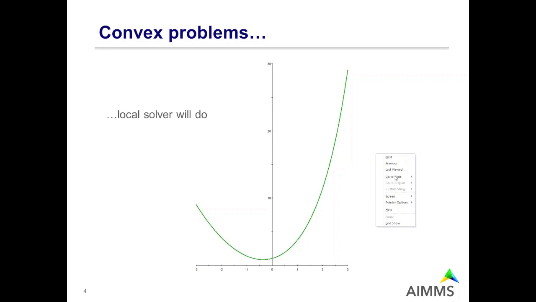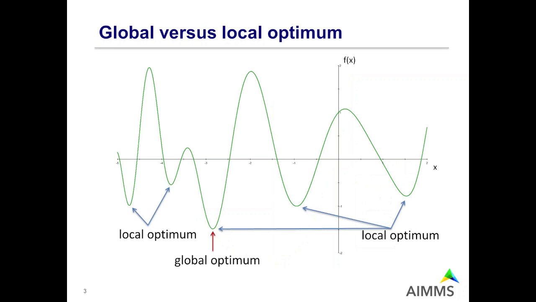So for solving problems like this, a local solver might not be sufficient, so we need something more clever to get a good or maybe the global optimum. We might have to do something special. We might have to use a global solver, or we could use multistart.